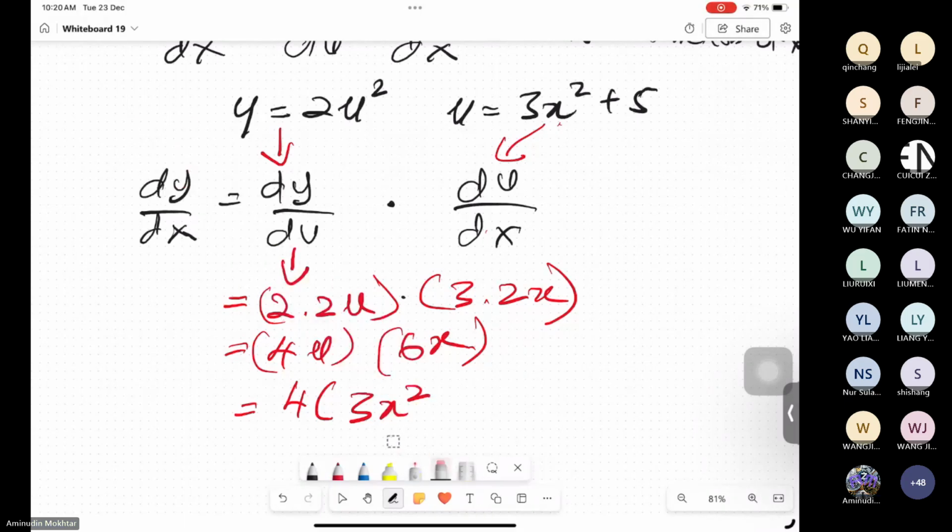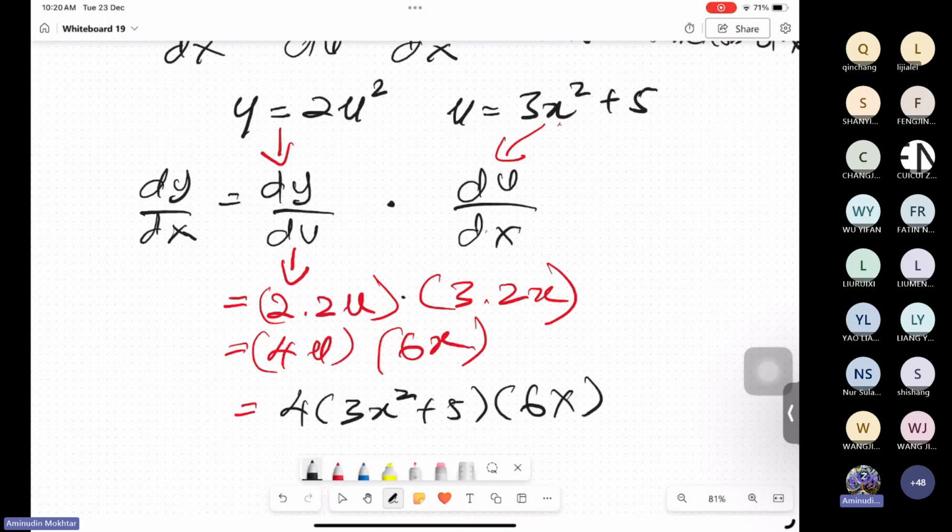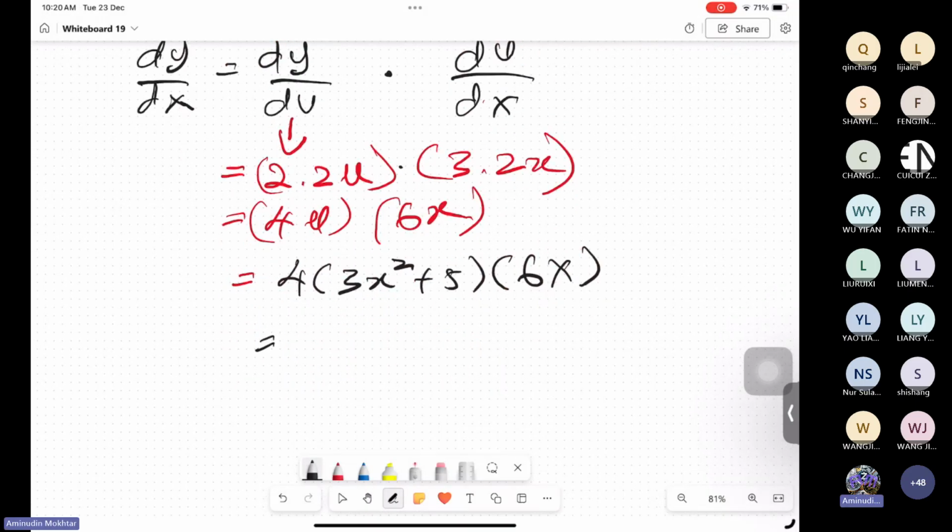So 4 times u equals 3x squared plus 5, times 6x. The answer is 4 times 6 is 24x times 3x squared plus 5. That's the answer for dy/dx.